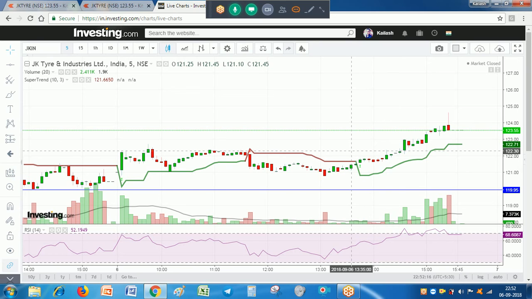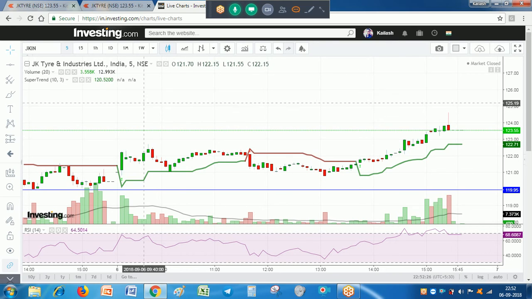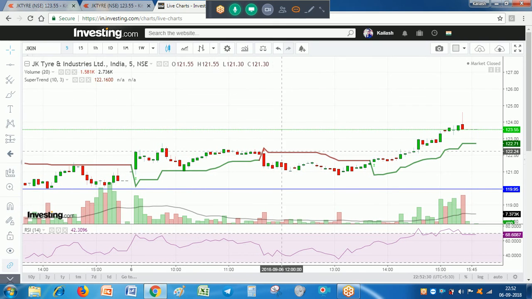So use this simple super trend indicator if we have some difficulty in taking a decision. But always check the major levels friends. I have told you, always check the major support and resistance levels, and then we can make use of this indicator and take buy and sell entries according to it.